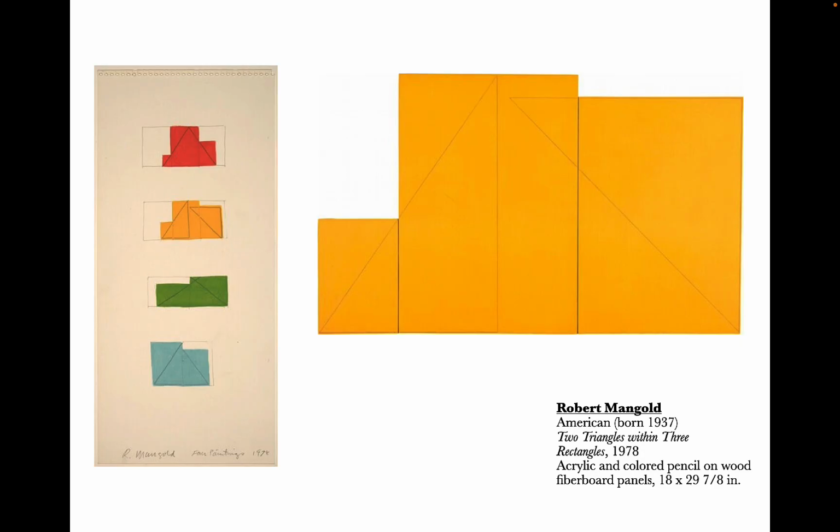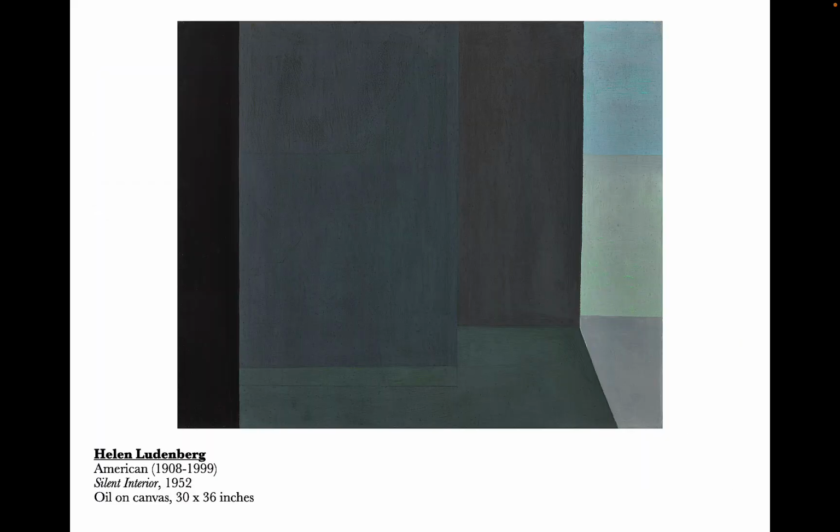it larger. This is Helen Lundeberg, and this is called Silent Interior. It's an oil painting on canvas, and we see very simple shapes and pretty much monochromatic. We have a big value scale here from the light blue on the top right to that very dark color on the left.